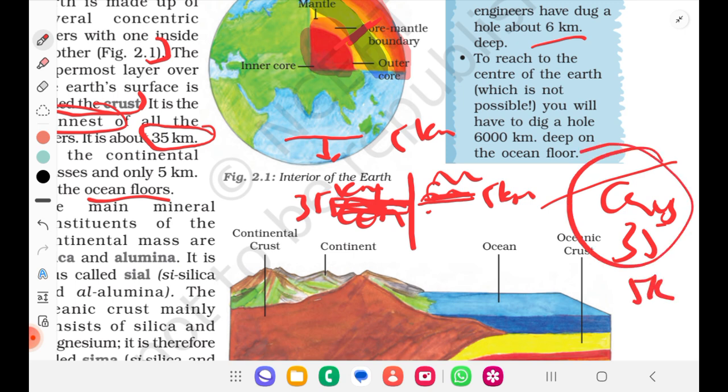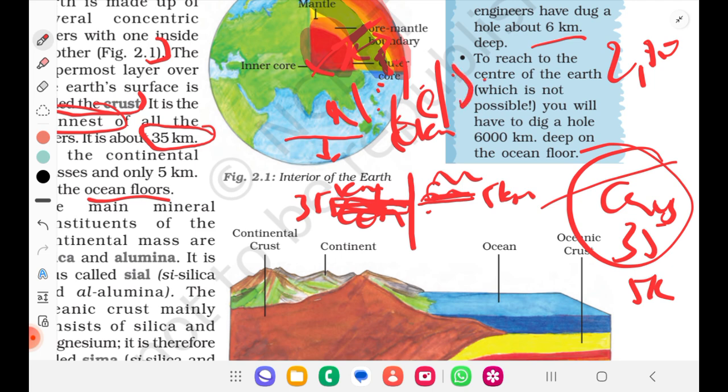Then we have the mantle, which makes up 84% of the volume, and it is 2900 km thick. And we have the core, made up of nife, that is nickel and iron. It is the deepest point, about 3000 km depth. It is subjected to high temperature and pressure. Obviously, the mantle is made up of silica and magnesium, as we have seen.